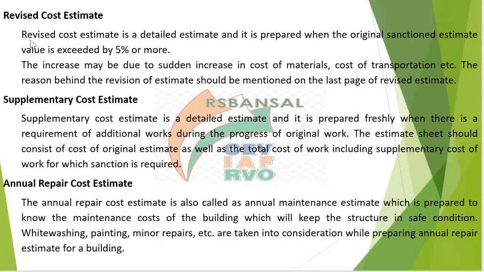So during the construction of the project, if there is a change in the estimated value by an amount more than 5%, so let us suppose the estimated cost of construction was 1 lakh, and if it increases during the construction by more than 5%, then you have to prepare a revised cost estimate to take permission from the concerned or competent authority.